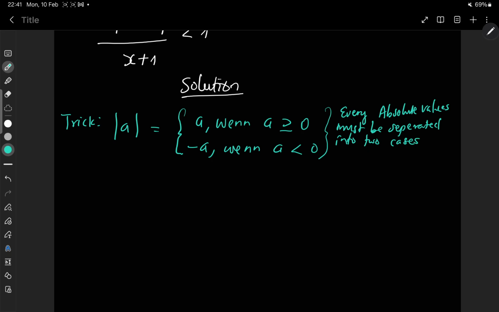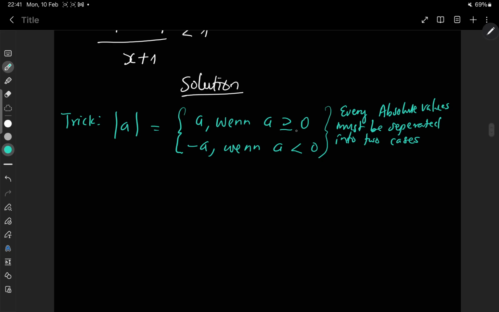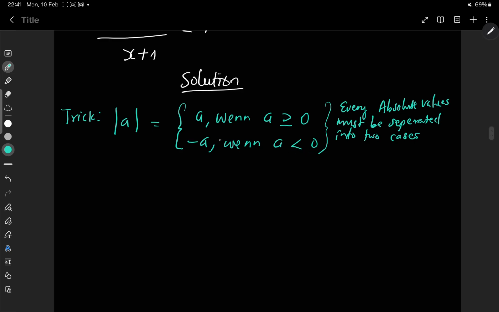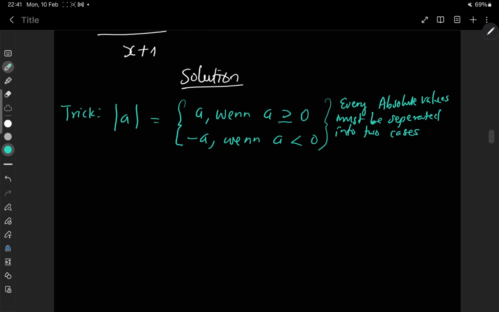A case where a could be greater or equal to 0, or a case where a could be less than 0. In a case where a is greater or equal to 0, the absolute value of a will be equal to a, that is positive a. But in a case when a is less than 0, the absolute value of a will be equal to negative of a.